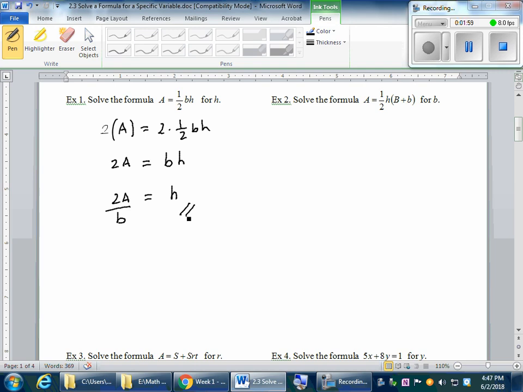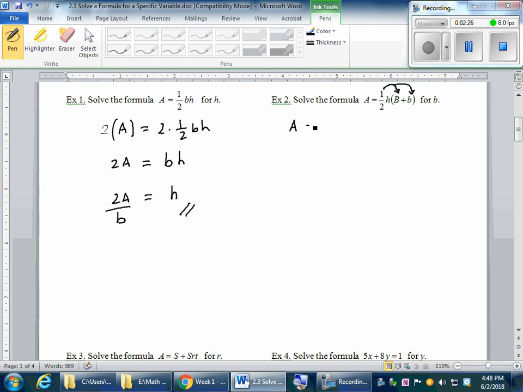Example 2. This is the area formula for a trapezoid. A equal to 1/2 h times uppercase B plus a smaller base. And we are looking for lowercase b, right? Solving for lowercase b. So, like in solving linear equations, the first step is to distribute. Same strategy.